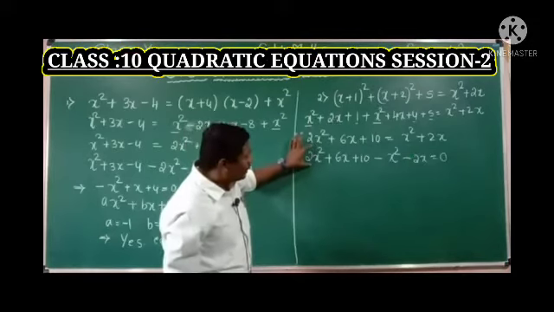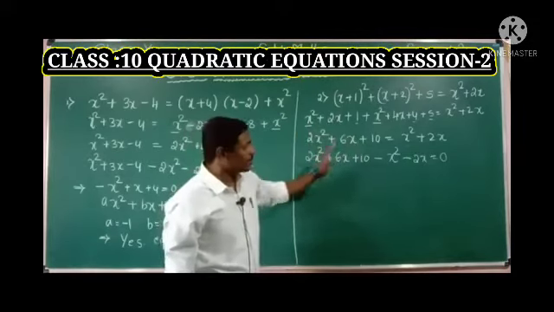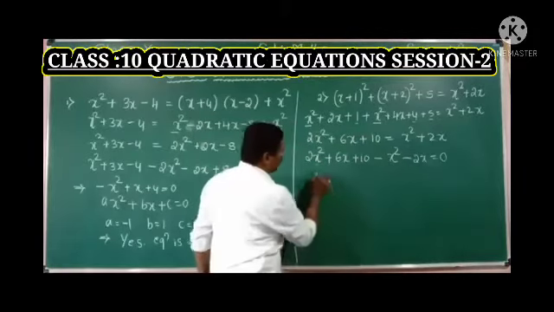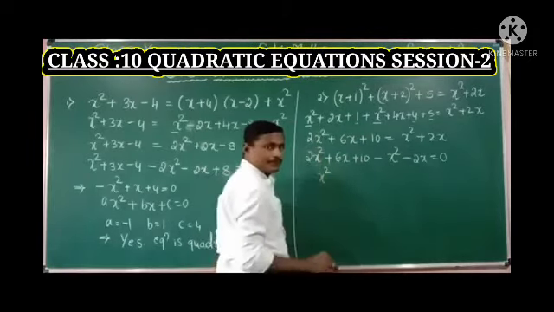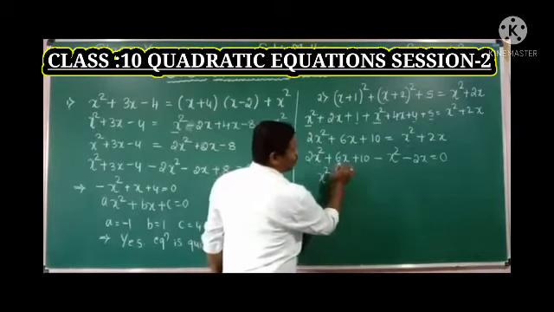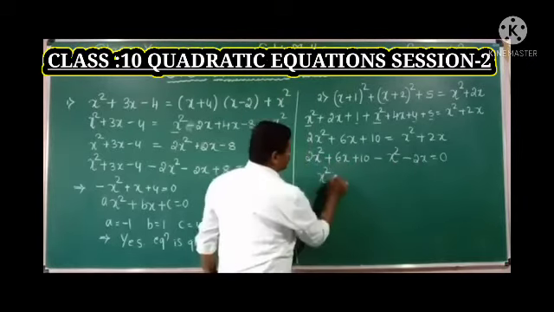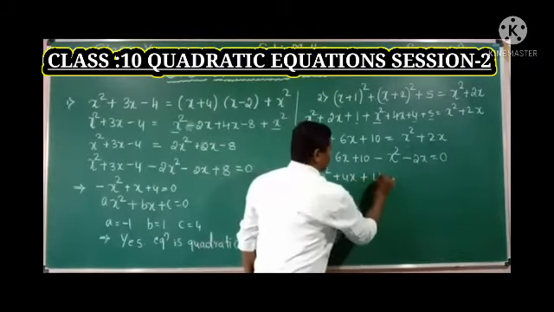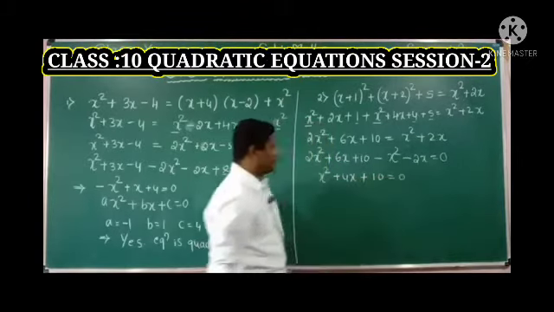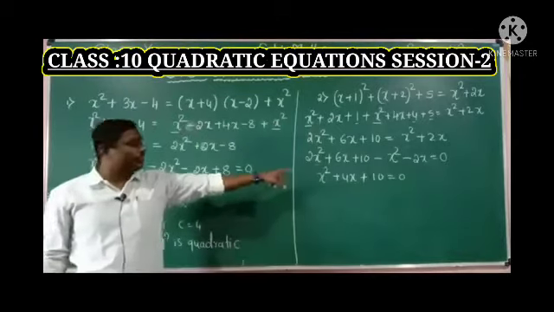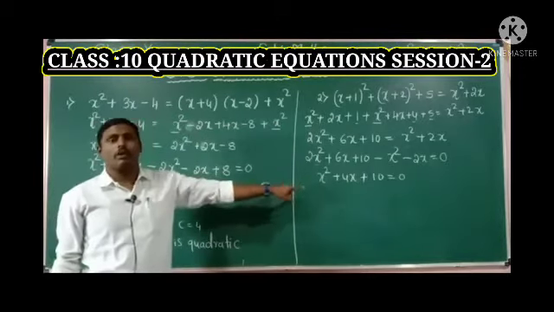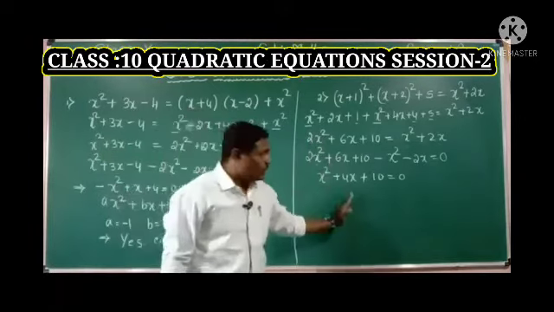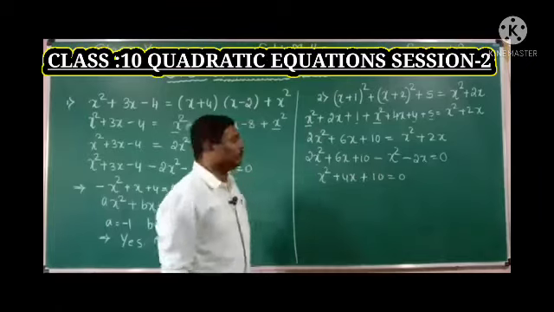Once again compare the x square terms, x terms and constant values. 2x square minus x square is x square. 6x minus 2x is 4x, plus 10, which is equal to 0. So just observe the equation. It is in the standard form of a quadratic equation, ax square plus bx plus c is equal to 0.